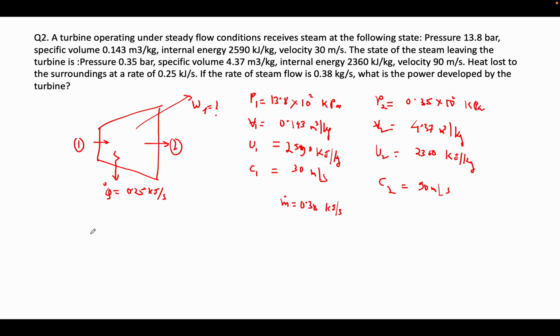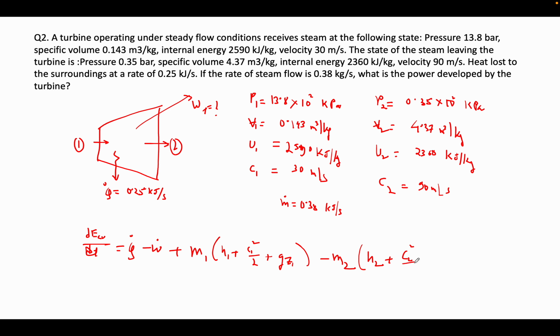Once again, the energy equation is dE CV by dt equals Q dot minus W dot plus M1 (H1 plus C1 squared by 2 plus G Z1) minus M2 (H2 plus C2 squared by 2 plus G Z2).